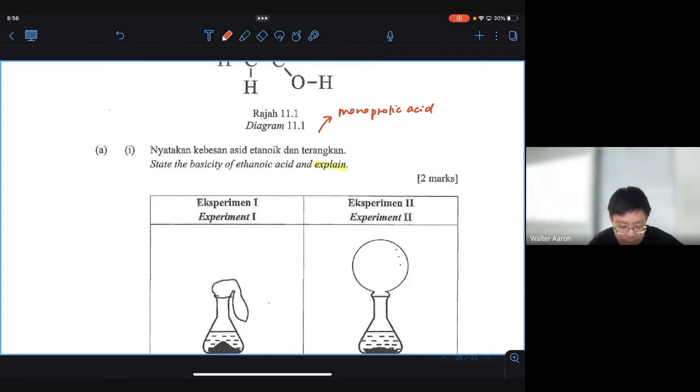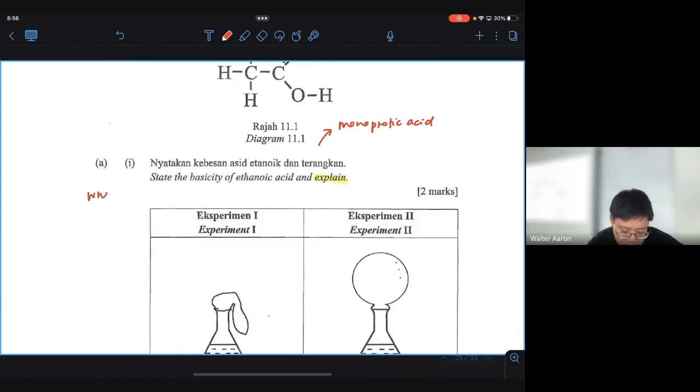That's your justification. Okay, so you say over here, when ethanoic acid dissolves in water, right over here, because there is too little space there.